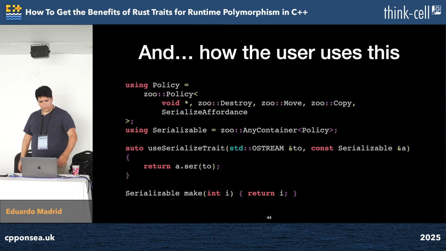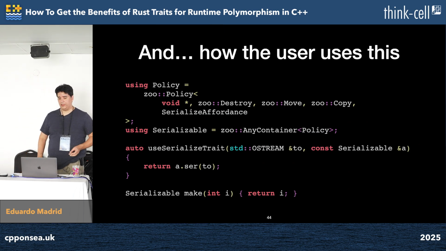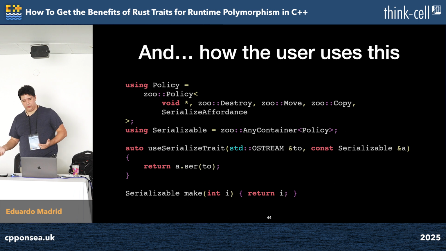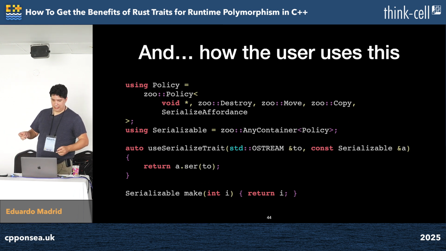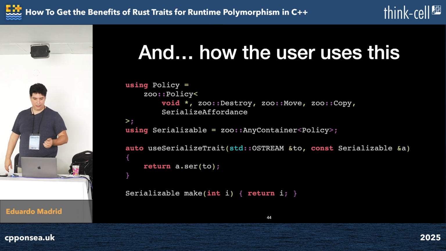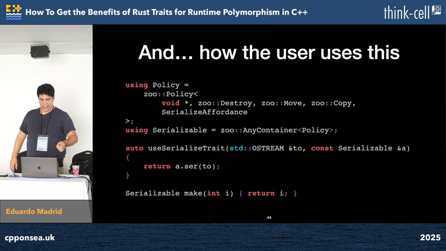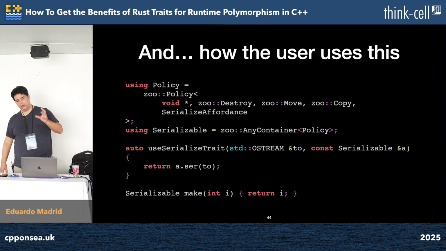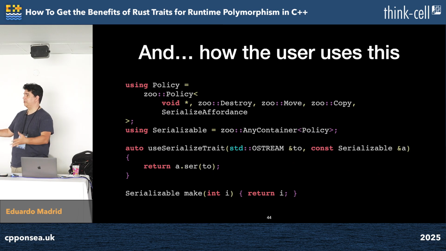So in the first few lines, we're going to set a policy type for the purposes of subtype erasure. The void pointer means manage everything on the heap. Don't care about using the local storage. And I want to use the normal runtime polymorphic behavior of normal destruction, because you can use some other forms of controlling the destruction of objects.